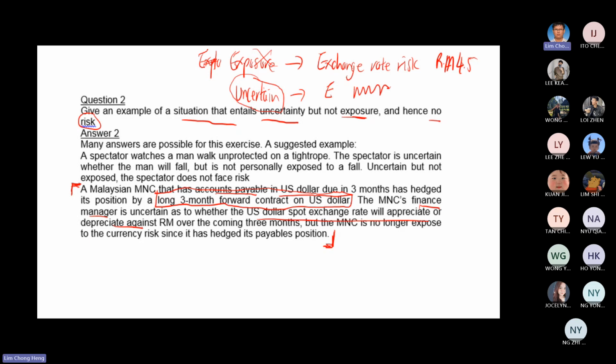So you still have uncertainty, but you are not exposed to the currency risk. You are no longer exposed because you already confirm that after 3 months the exchange rate is 4 ringgit 50 cent for you. So you have uncertainty but no exposure. Simple.